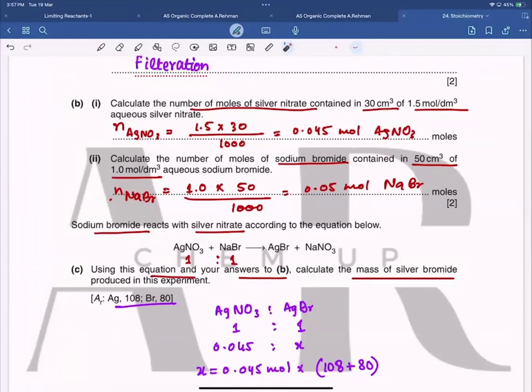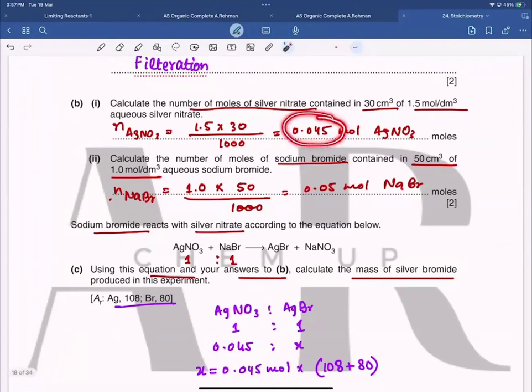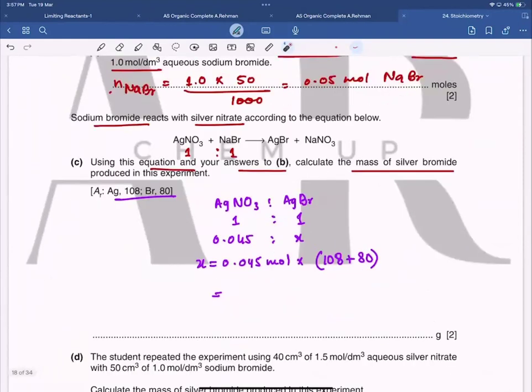So which one reacts completely? 0.045 would react completely, because it's the limiting reactant over here. The product is made from this amount. Some of the sodium bromide must be left unreacted, that is the excess. So if you do this with the excess, your answer will be marked wrong. So 0.045, what was the answer? 8.46 grams. Is this clear?